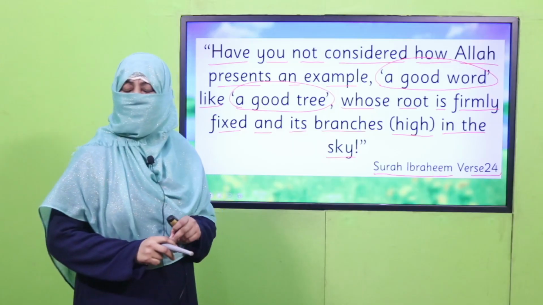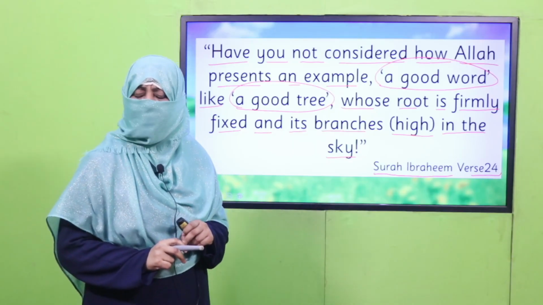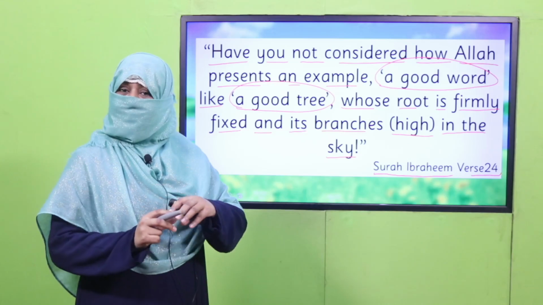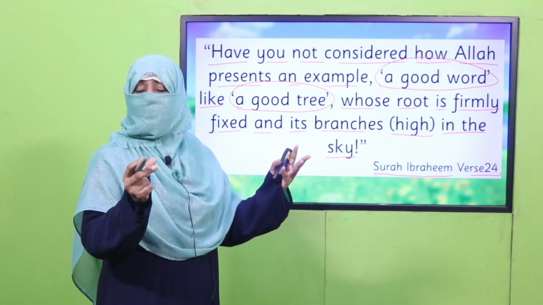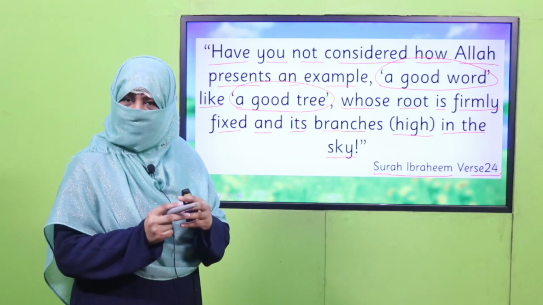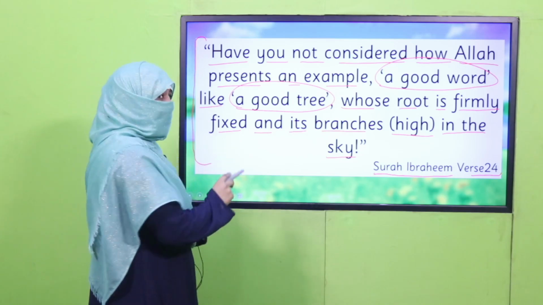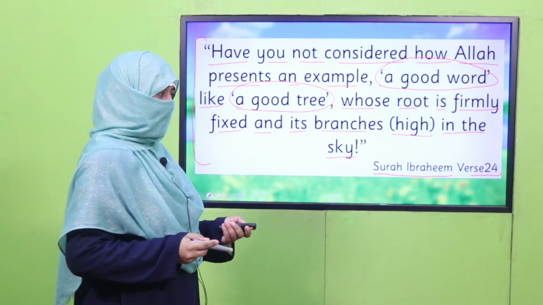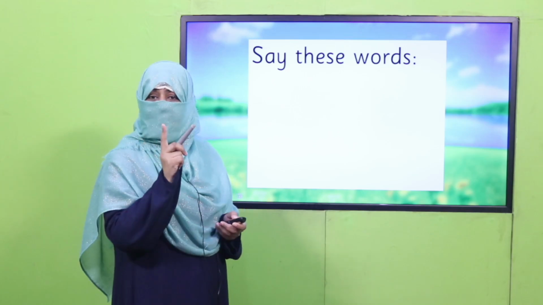Yes, my dear children, Subhanallah, Allah subhanahu wa ta'ala teaches us everything. A good word is like a good tree. In a tree, there are branches, and in words, what are there? There are letters, and letters make a word beautiful. So this is what we are learning from the Quran, and this is what we are practicing. And today, what we are going to practice, silent letters.